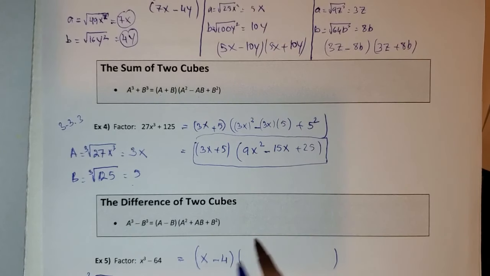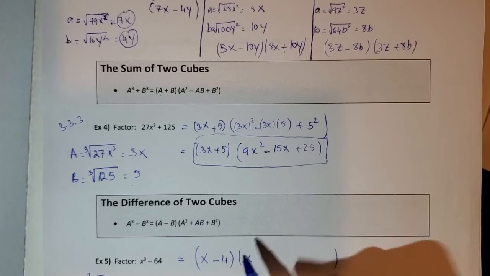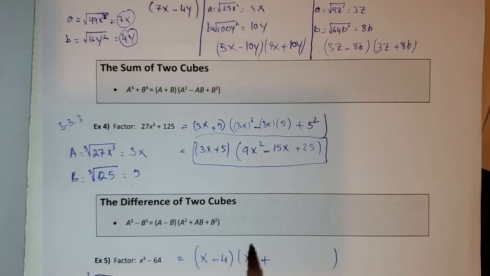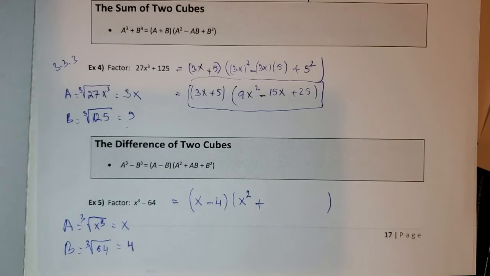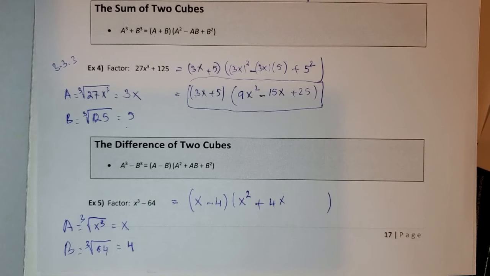Here it's going to be your a square based on the formula, but h represents my a, so that's my h square. Plus you have to take h times b, that's going to be 4h.